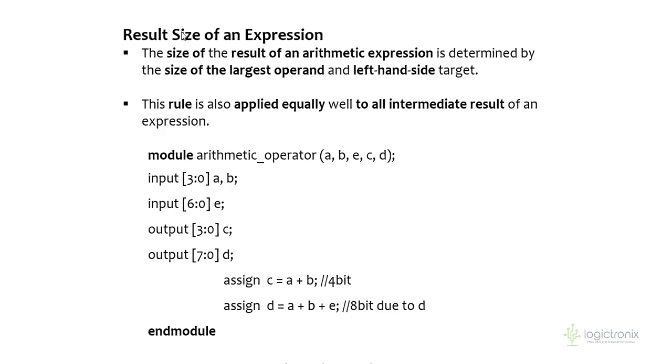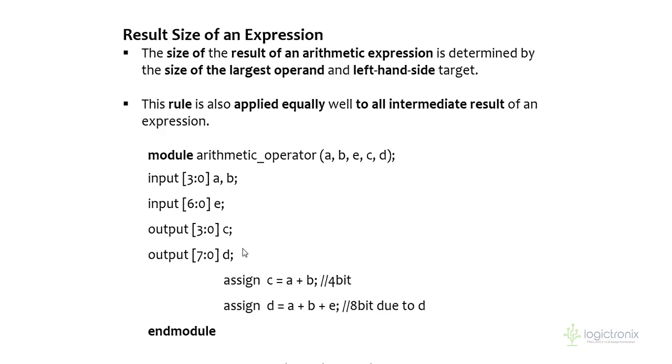So the result of the expression: if any variable has a smaller width than the output port, then some 0s will be extended. If the result has more width or bit size than the output port, then some bits will be truncated. This type of method is followed.